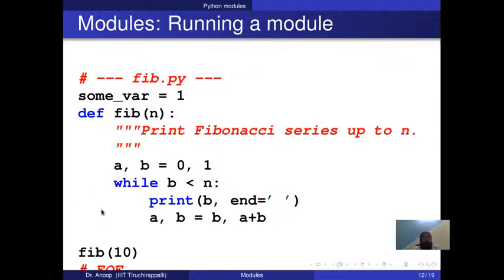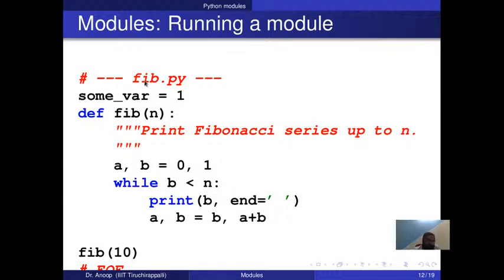I told you in Python we don't have the main function concept as such, which means you can just write everything one statement after the other, and it will all be executed one after the other. So over here, the outer one has some var and the call fib of 10, and then there is a function definition fib of n in the next part.